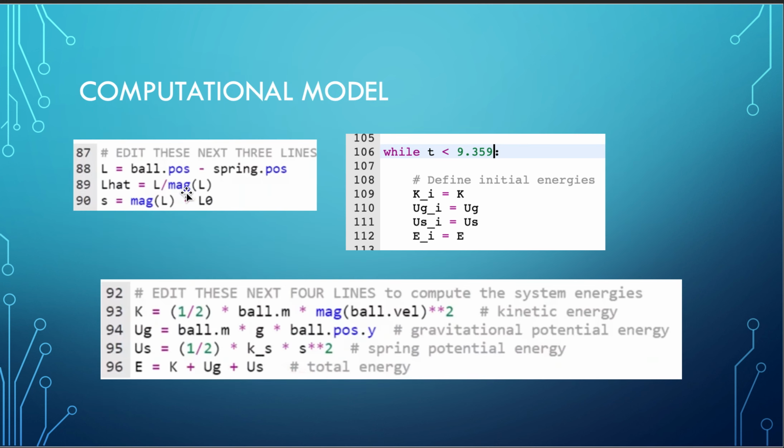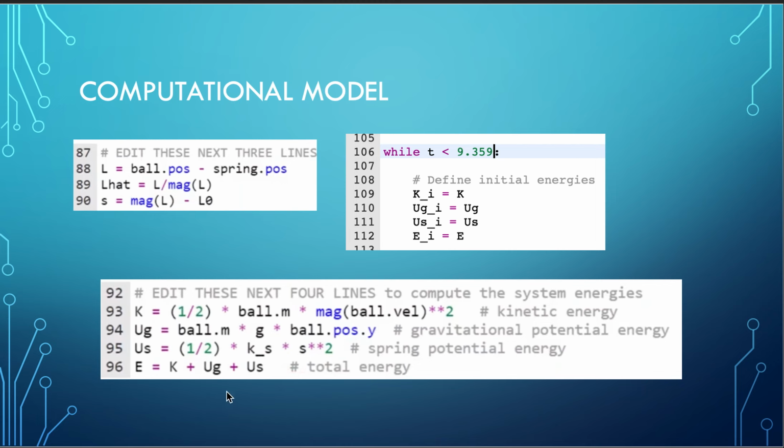This right here is to calculate the length and orientation of the spring, and in this little part of my code right here, you can see that this one is supposed to calculate the kinetic energy using the same formula from the previous slide, or K equals 1/2 mv squared. This one is the gravitational potential energy formula, which is just m times g times delta h.